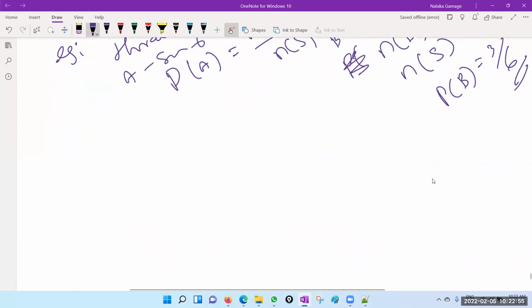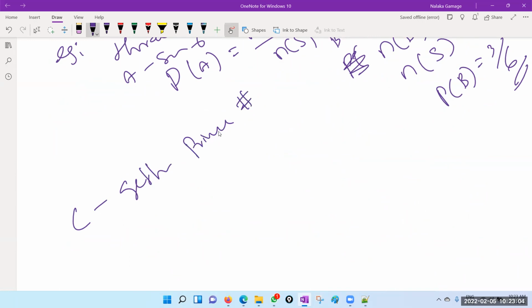Okay. So say my C event is getting a prime number. What is the probability of C? How many outcomes cover this prime number? 2, 3, 5. So that means N(C) is 3. The total number of outcomes is 6. So the answer is 3 divided by 6.